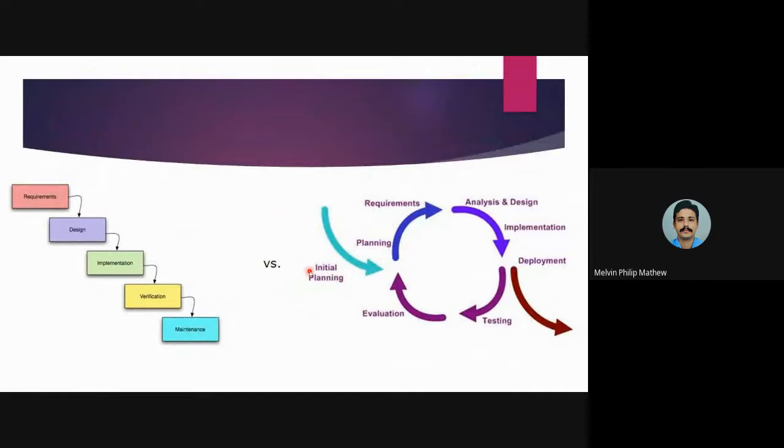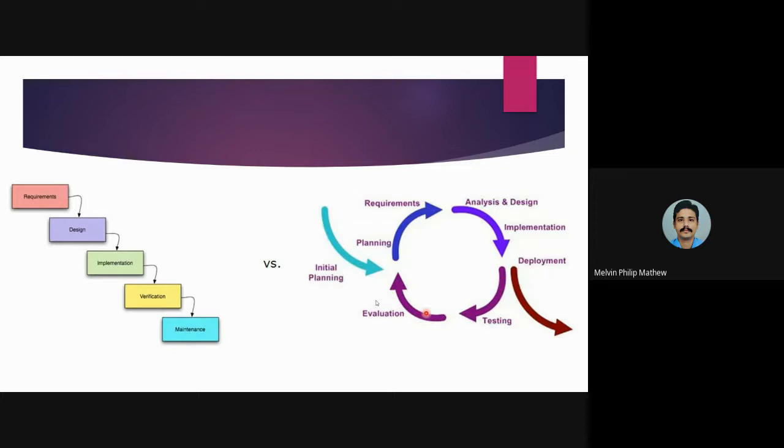So you can see this is called a waterfall type production cycle. This is the original process, and the processes are done in this manner: requirements, design, implementation, verification, maintenance. Then if you are using concurrent engineering, you can see that initial planning is inserted into the cycle, and without the testing, deployment is done.